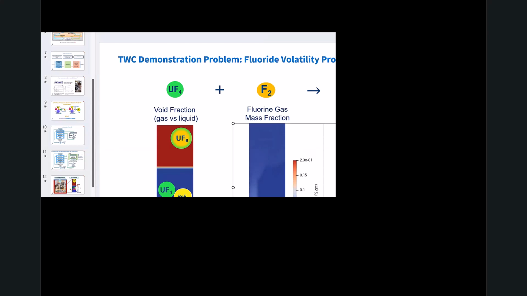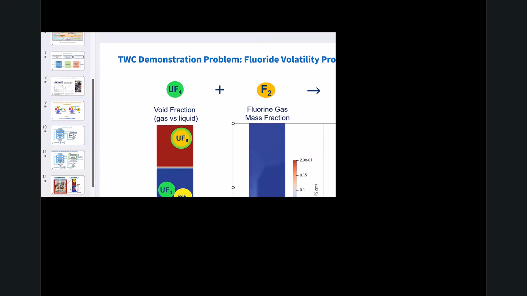So we have the injection of fluorine from the bottom to the top. And here are the mass fractions contour plot from fluorine. As you can see here, I have higher concentration of fluorine from the bottom, and then less concentration upward. And then it's the inverse analyzing the UF6 content, because basically the salt here that has UF4, the UF4 is being vaporized.